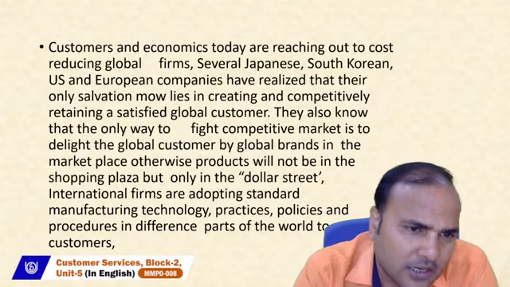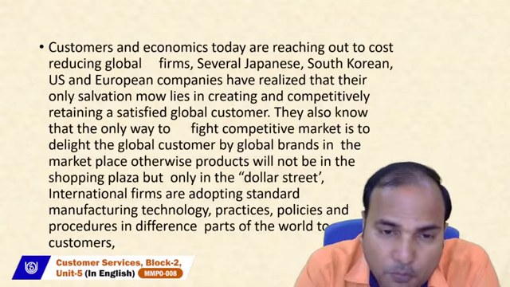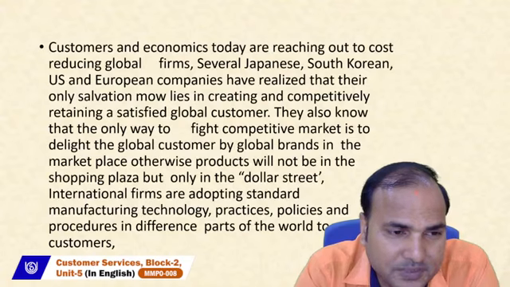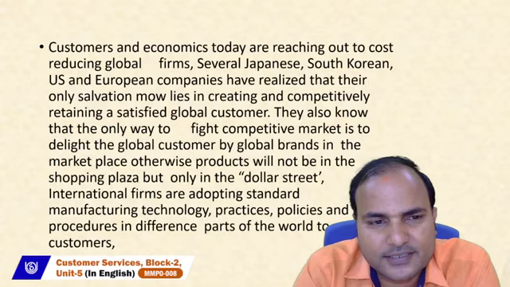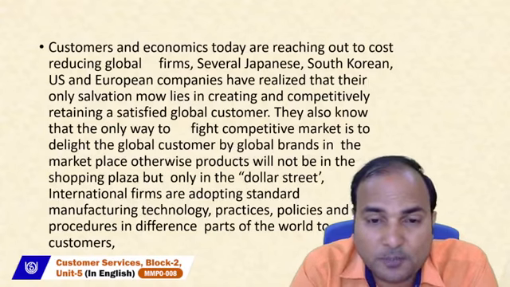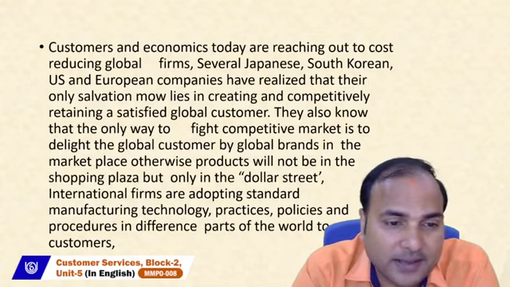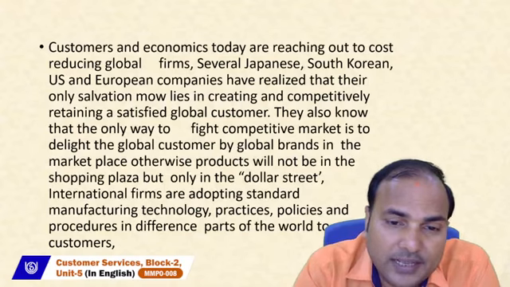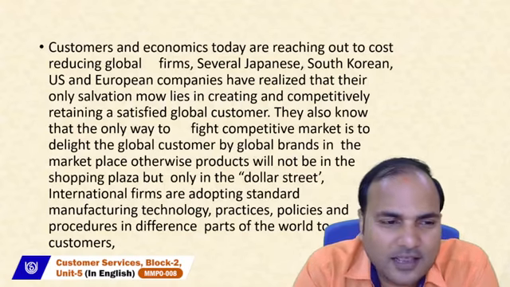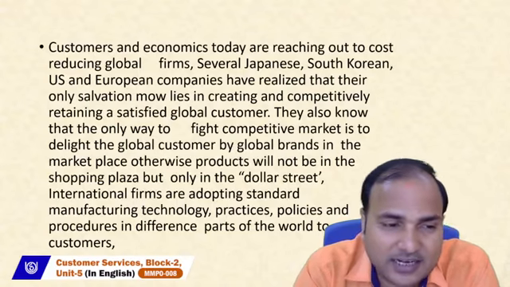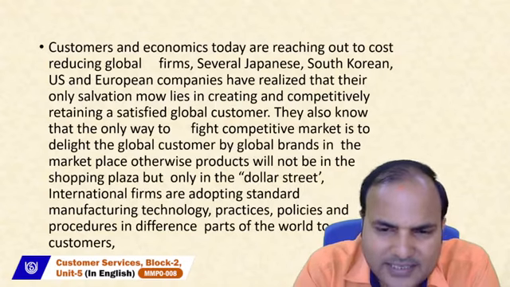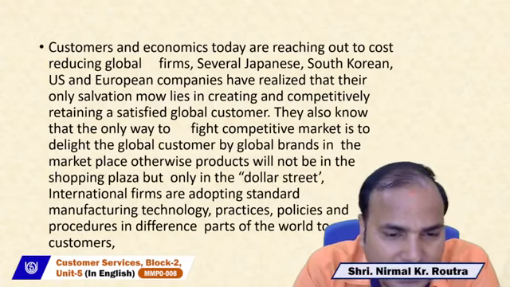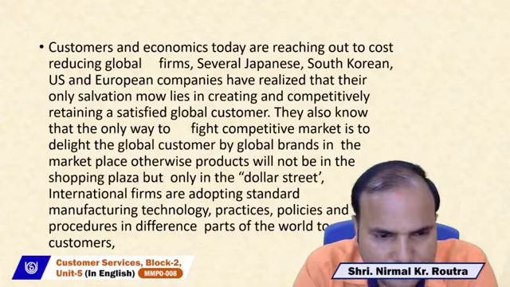They also know that the only way to fight the competitive market is to delight the global customer by global brands in the marketplace. Otherwise, the products will not be in the shopping plaza, but only in the dollar street. So international firms are adopting standard manufacturing technology, practices, policies, and procedures in different parts of the world to serve the customers.